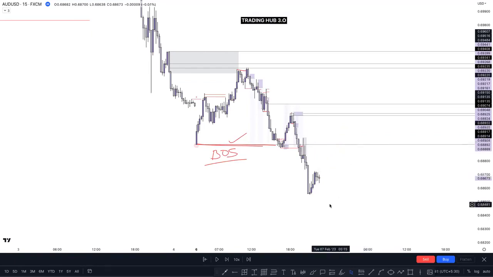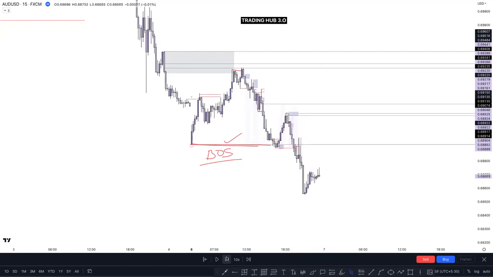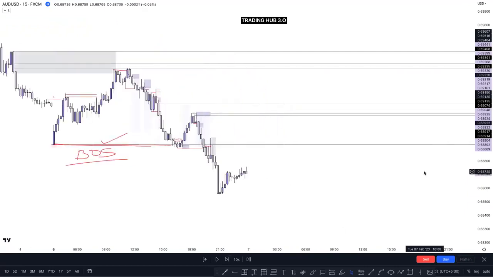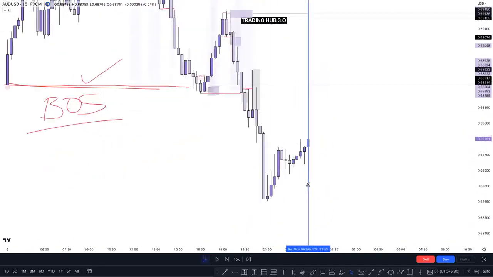And always switch to the 1-minute time frame. First of all, you have to identify the 15-minute higher time frame PY, right? I'm talking about 15 minute as a higher time frame. You can do a similar thing in 1 hour and 4 hour time frames also, right? So let's see what is happening here. Okay, look at this one. This looks very interesting here.